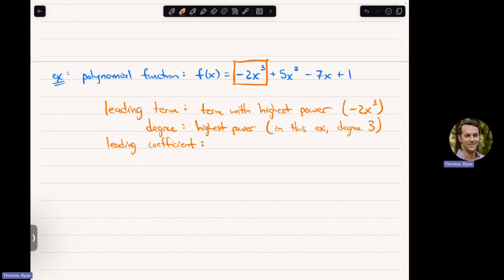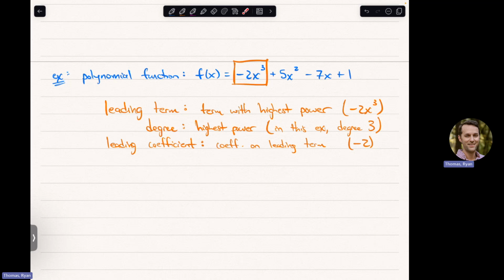We'll often talk about the leading coefficient as well. That's exactly what it sounds like. It's the coefficient on the leading term. So in this case, it's negative 2. Okay, so this is a polynomial with degree 3 and leading coefficient negative 2.